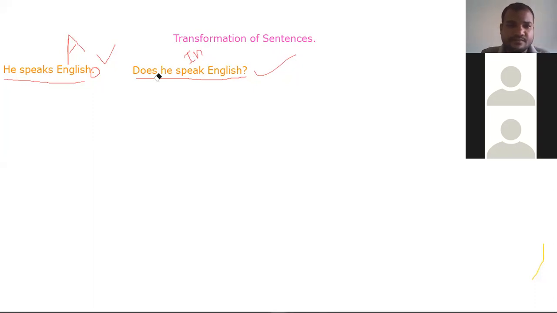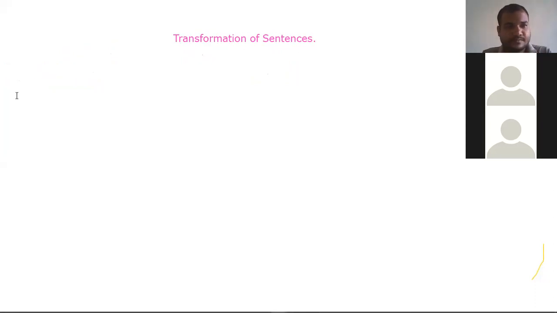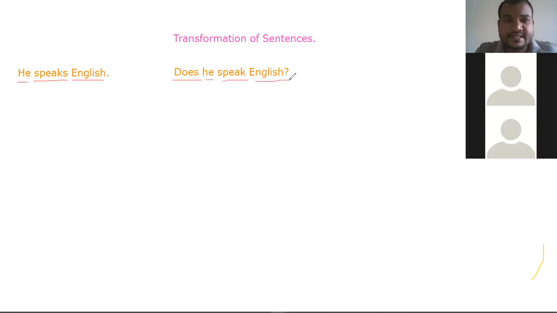Say yes or no. Guys, look at these two examples and then tell me what changes you are able to see. Just look at the sentences, look at the words, and try to identify the difference between the two sentences.